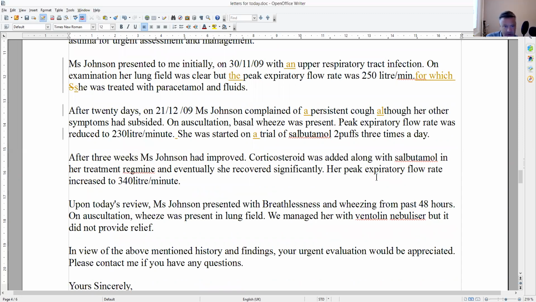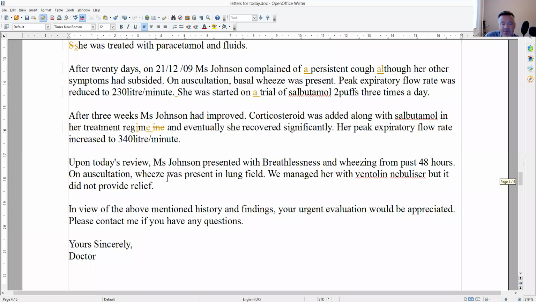Corticosteroid was added along with salbutamol in a treatment regimen or regime. How do you spell that? Regimen or regime, doesn't matter. And eventually she recovered significantly. Her peak expiratory flow rate increased, okay, 3 minutes. Okay. You could maybe change it, but it's not that bad.